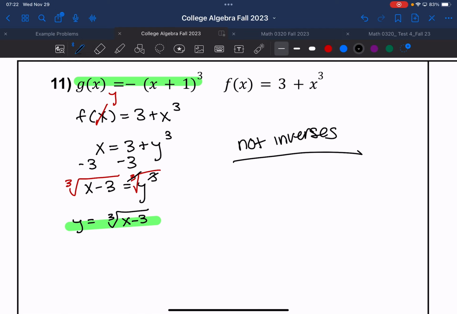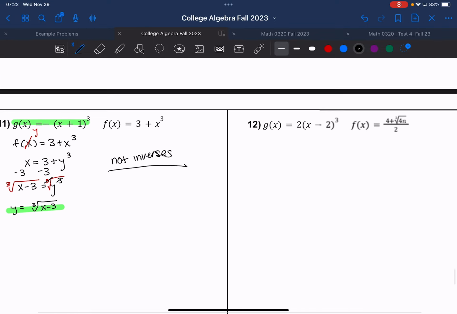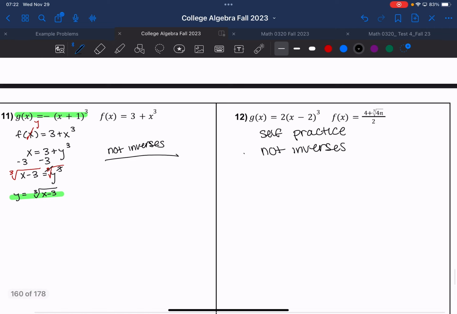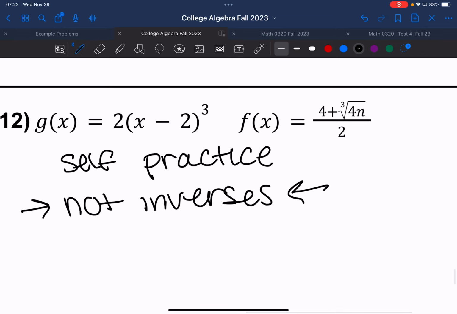Okay. So I'm going to leave 12 as self-practice. And when you do this as practice, you should get that these are not inverses. And notice we have that same concept in here. We have that cubed and that cube root. Remember, we do the opposite to cancel them out.